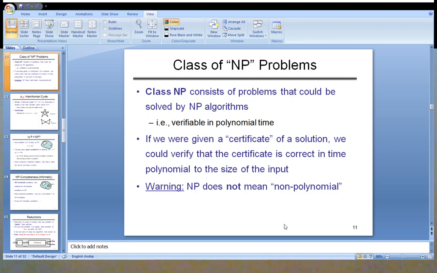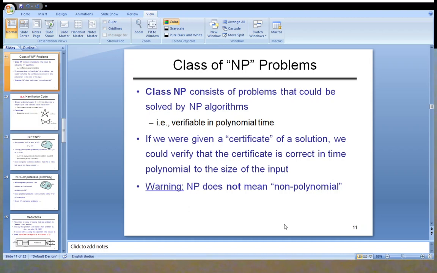This is the difference. If the solution is given, then you can verify whether the solution is correct or not, but for solving the problem you take non-polynomial time. Here we are given a certificate of solution, which gives the answer as yes or no, whether the solution is acceptable or not.